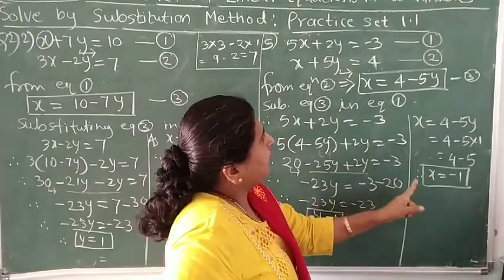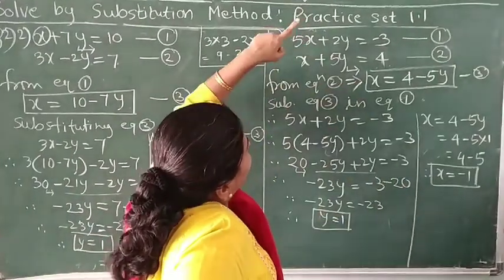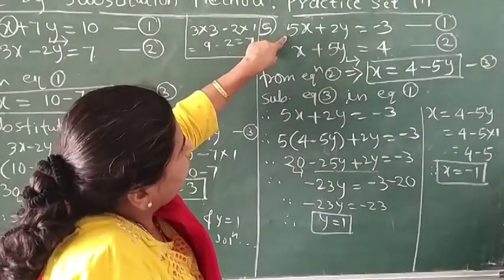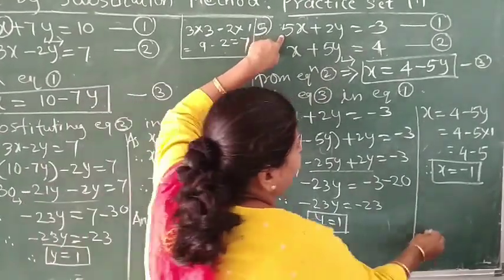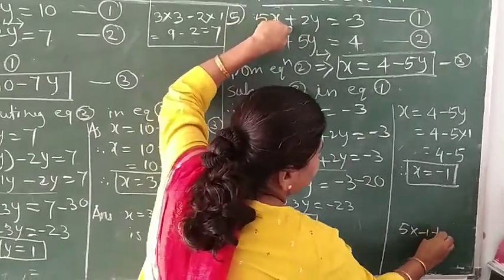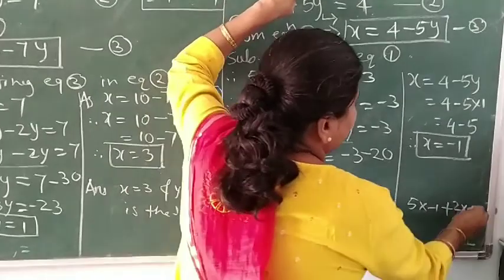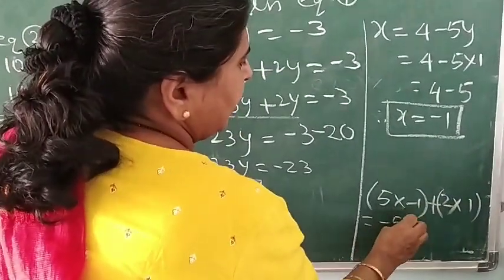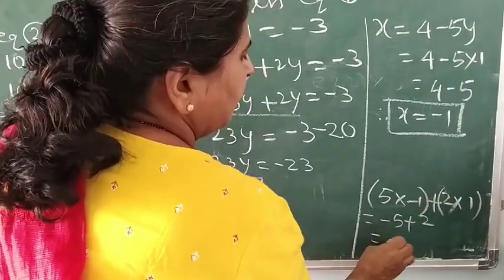Verify your answer quickly. Where do we have to put it? We have used your second equation, so put it here in 1. 5x, that is 5 into x, which is minus 1, plus 2 into y, that is plus 1. So minus 5 plus 2 1s are 2, minus 3.